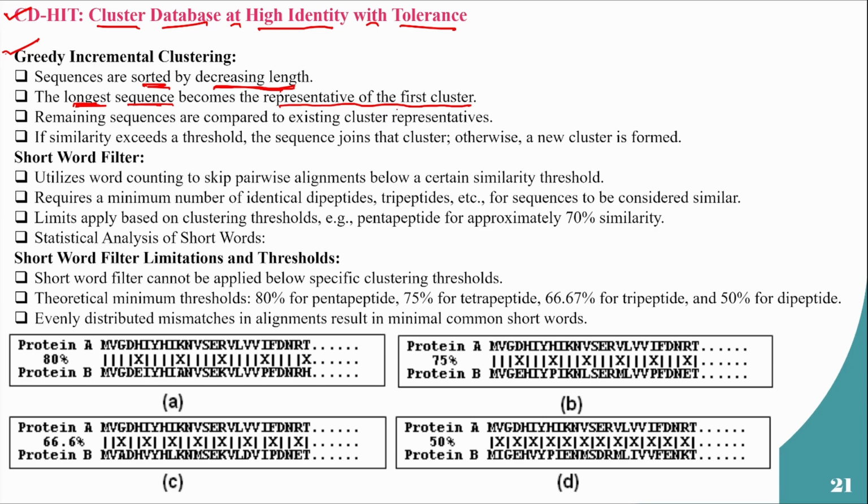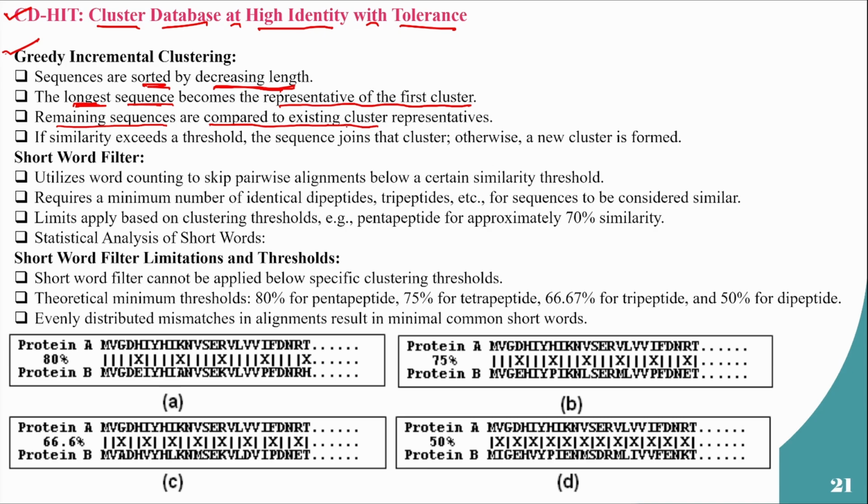which, basically, cluster essentially means a grouping of data points, right? So in this case, the representative of the first cluster, the first component of that, will be the longest sequence. Now, after that, whatever sequences you have remaining are compared to the existing cluster representative. So let's say you are comparing now the second sequence, and you already are considering the longest sequence as the first cluster, right?